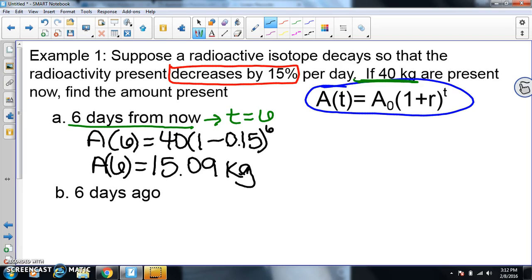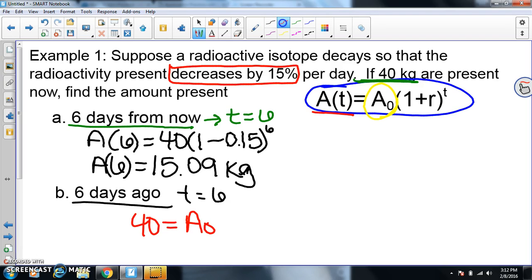Now we want to look backwards and think about 6 days ago, what was our amount? So now that's like saying we're at day 6, but we don't know our initial amount. So that's what we're going to solve for. So our A of t would be equal to 40 kilograms.